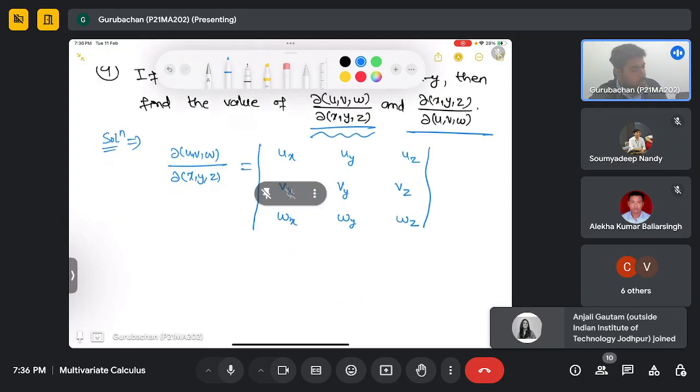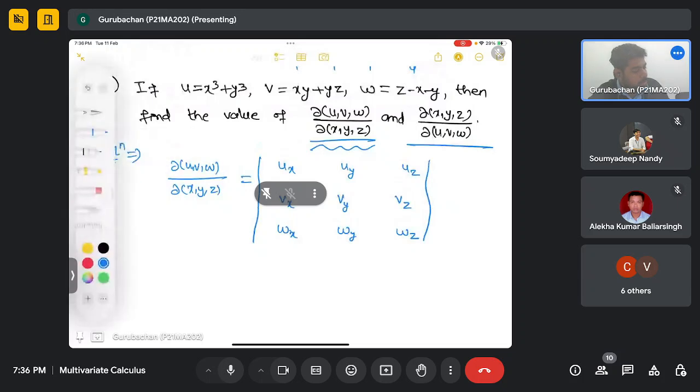Thus, first of all, let us compute the partial derivative of u with respect to x, or for convenience, I can write directly ux. It will be 3x square plus 0, again the same reason that we are treating y as constant.